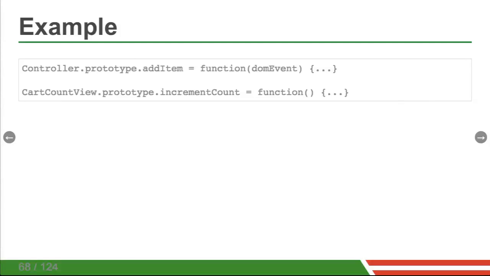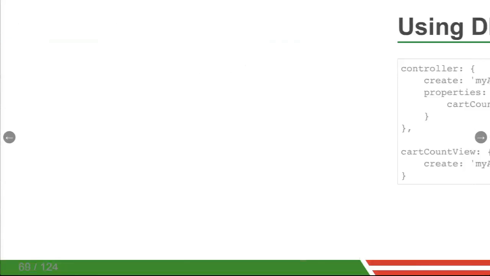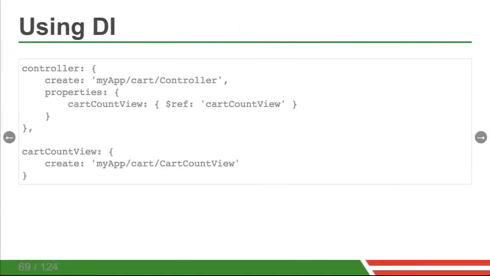Well, say we had in our shopping cart application our controller that has this add item function. And say we have some other view that's just going to sit in the upper right-hand corner and the count is going to increment whenever we add something to our shopping cart, right? Very simple. We could do it like this, right?